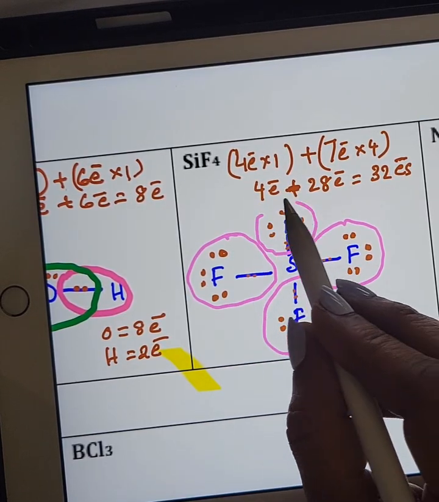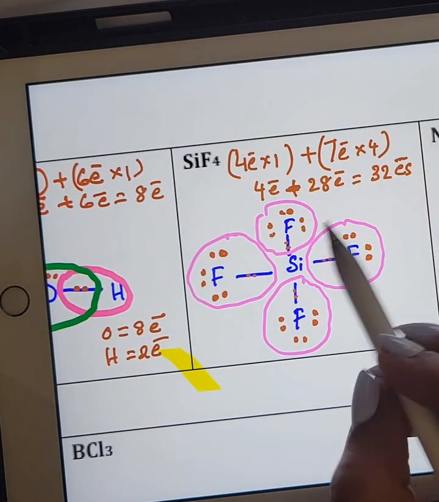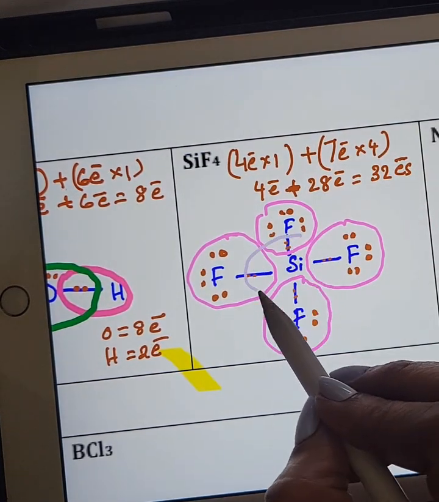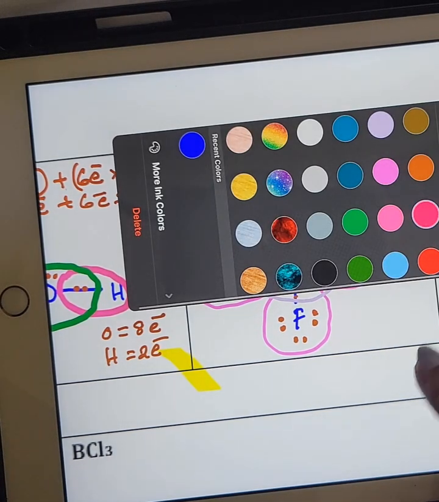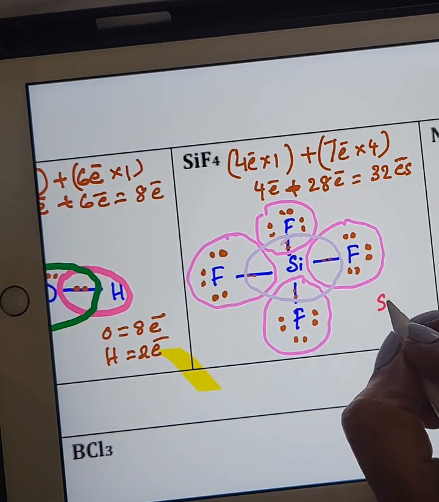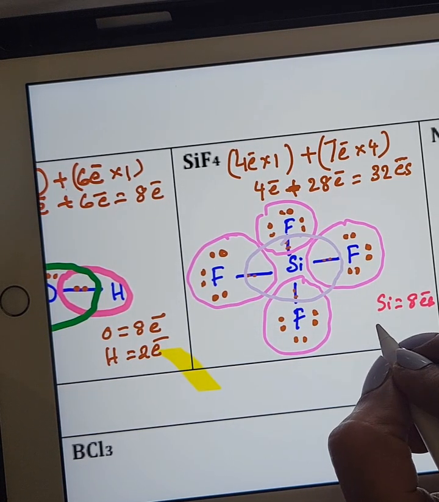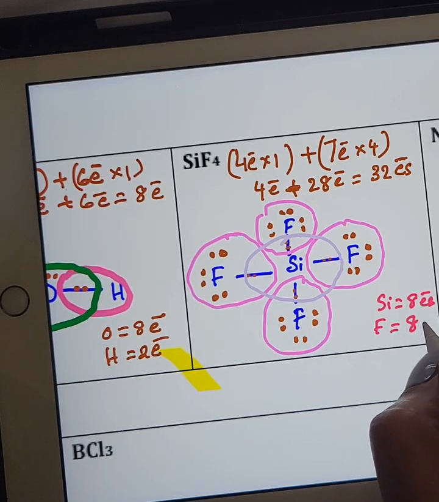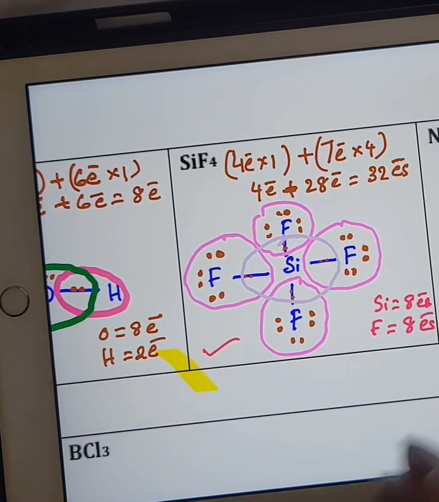This one is also happy. Okay, now I'm going to check if my silicon is happy or not. Yes, silicon is also happy because it has 8. So silicon has 8 electrons, and all fluorine also have 8 electrons. So, double tap, your structure is correct. Good?